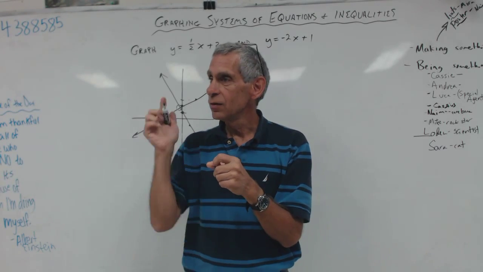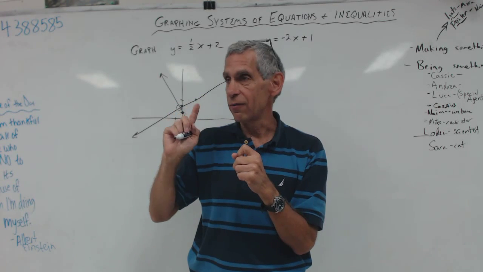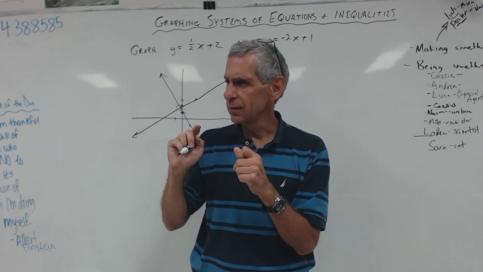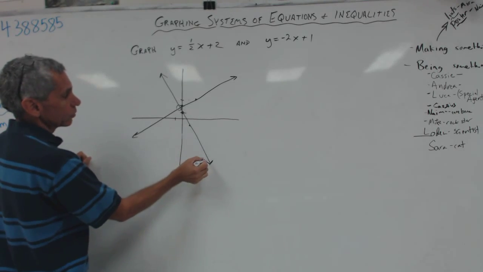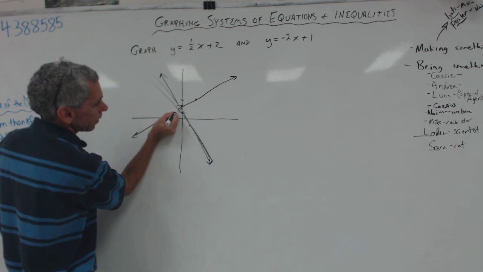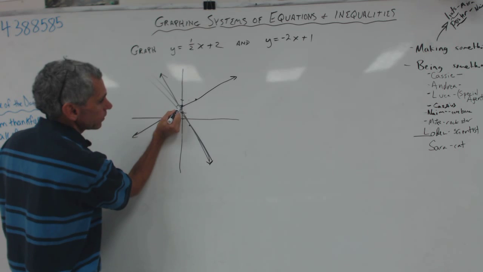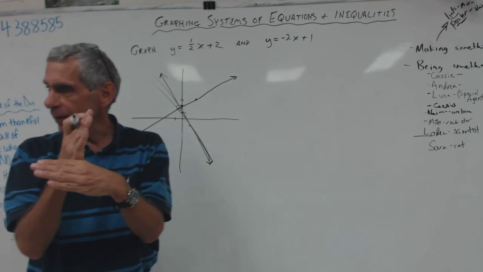That's the only way solving systems of equations by graphing works, is by being precise. Because if you're messy, if I just drew it like this, oops, that didn't work, like that, then my point would be here, and I don't know, maybe it's here, maybe it's here, maybe it's here. I've got to be precise, so I know exactly where that point is.